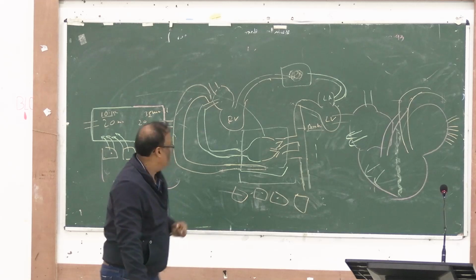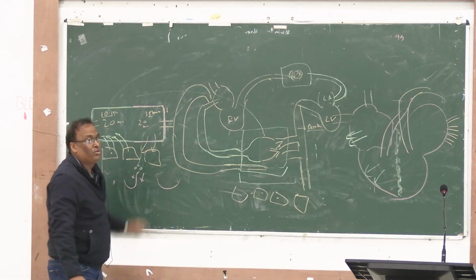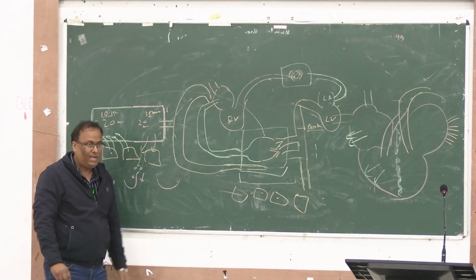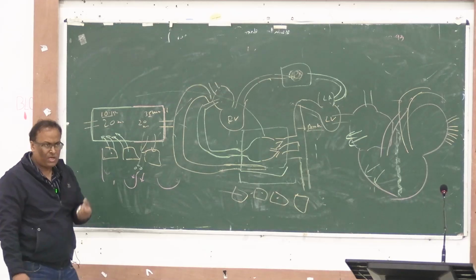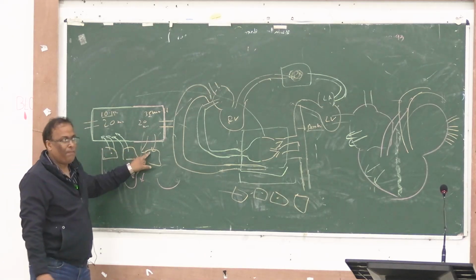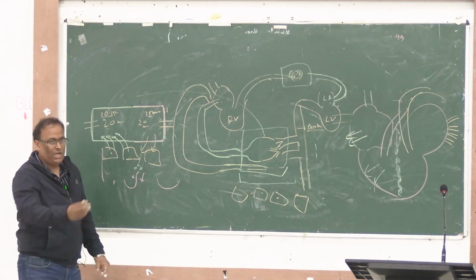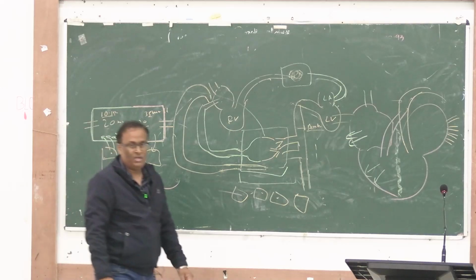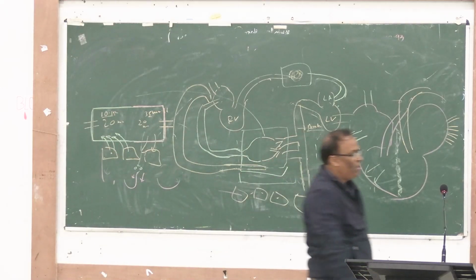Is it understood? So the function of albumin is to keep the water inside, right? Oncotic pressure keeps the water inside, so it prevents edema. How does it happen? Pressure changes, the pulling effect and the pushing effect. Very, very simple. The hydrostatic pressure is 35 and the oncotic pressure is 20.